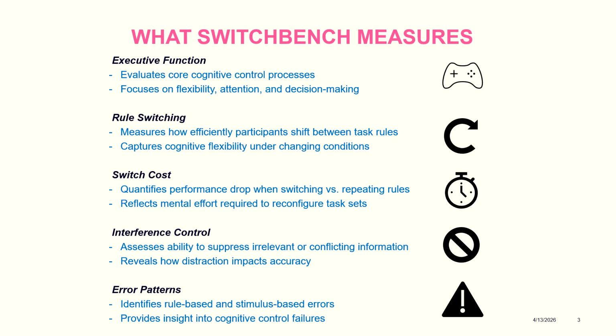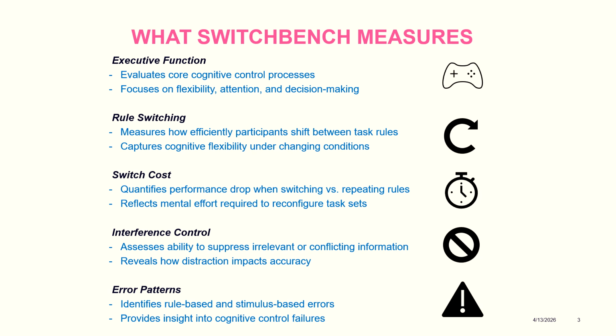The rule switching is a major component. The benchmark measures how efficiently a model can switch between different task rules. Indeed, this captures cognitive flexibility, the ability to adapt when conditions change.